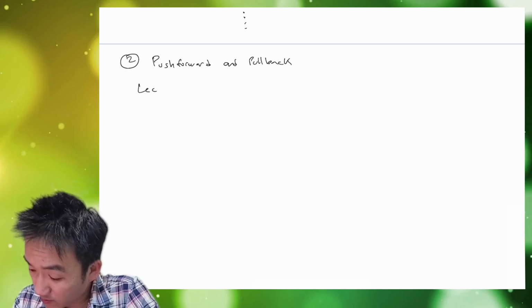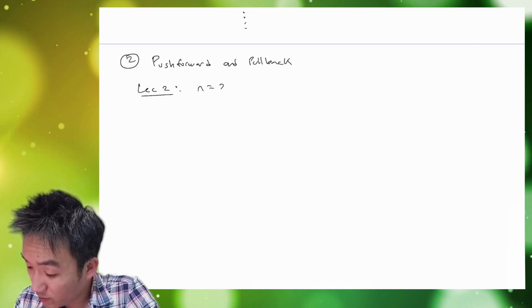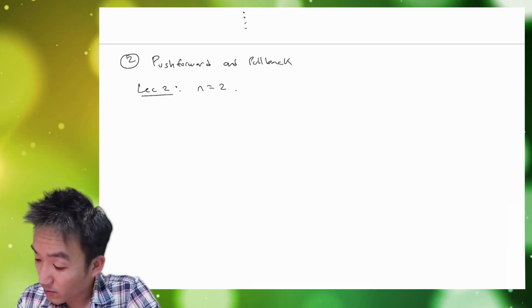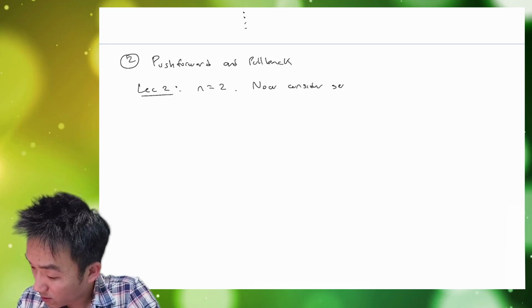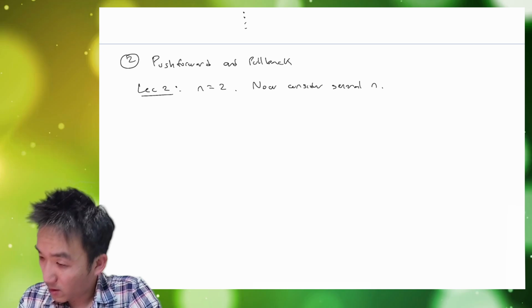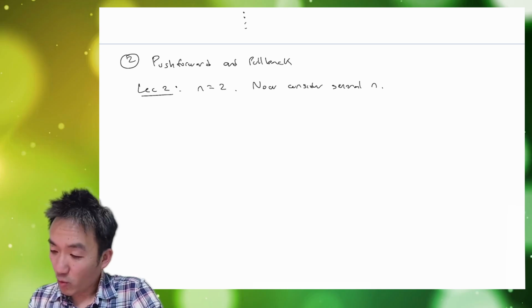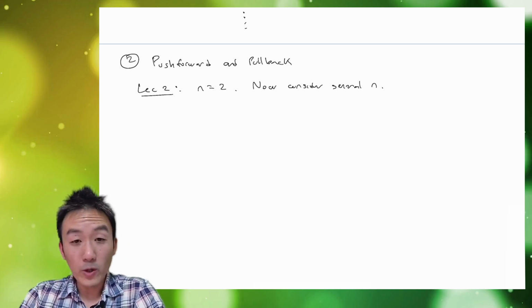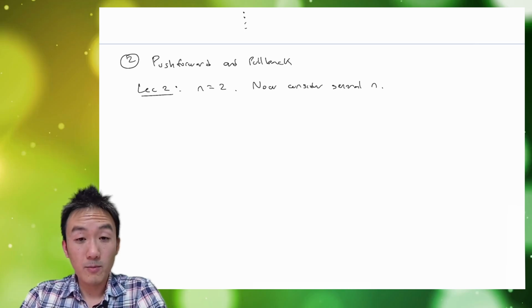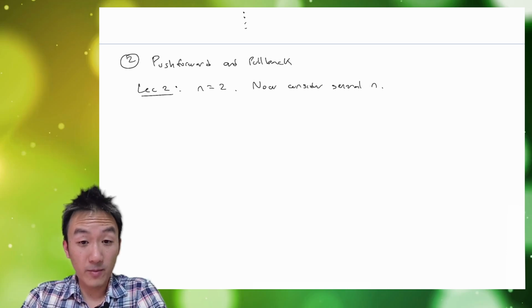Just to write this down, lecture 2 was n equals 2. Now consider general n. Even more generally, we can consider pullbacks and push forward when the source and target spaces have different dimension.